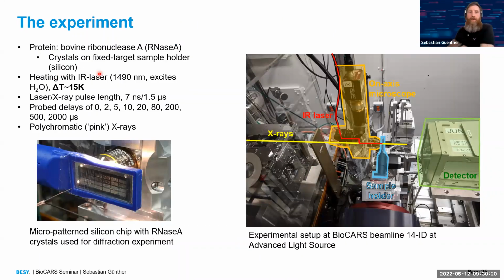For our experiment, we calculated that the temperature jump should be around 15 Kelvin. So we used a laser pulse of 7 nanoseconds, and for this set of experiments, an X-ray pulse length of 1.5 microseconds, and then the probe delays were simultaneous excitation, and then spanning several decades until 2 milliseconds.